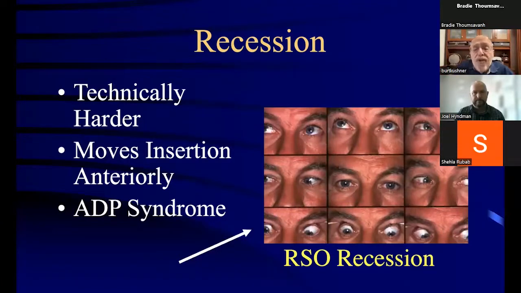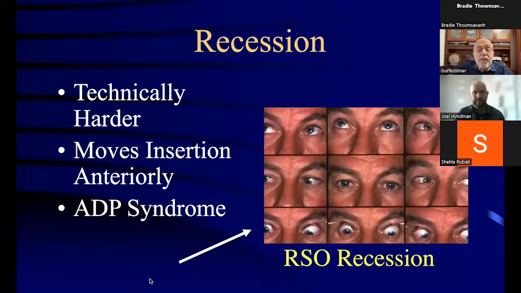And that'll cause a restriction of depression and abduction. I apologize that it's partly cut off in this slide, but you can see it. This is a patient post a right superior oblique recession, and down and right, this eye is tethered from going down. And that's a very predictable outcome, which in some cases can be symptomatic.